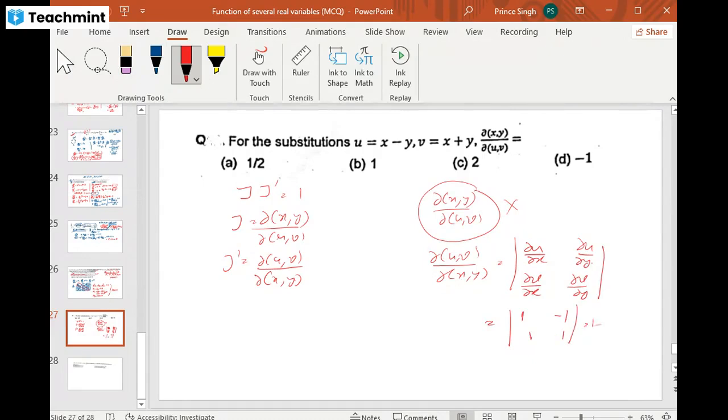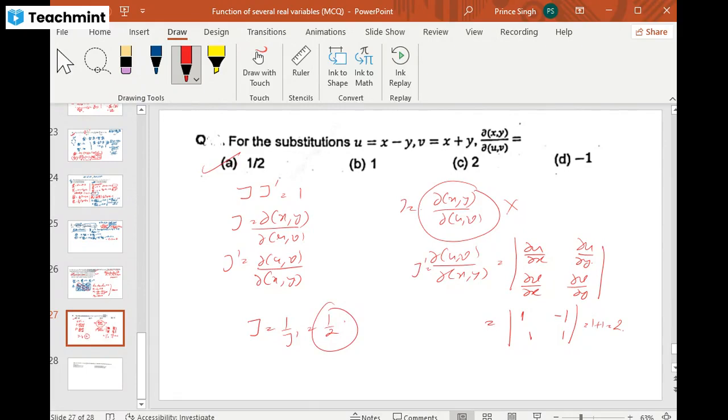So 1 plus 1 is 2. So what is the value of J? It is 1 upon J dash. This is J dash and this is J. So it is 1 by 2. So according to the property of Jacobian of transformation, we get this result.